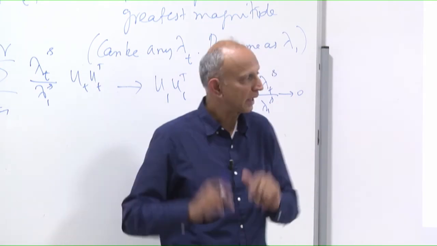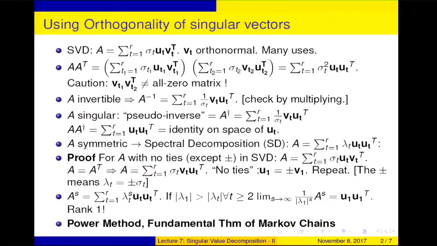Okay. Provided the matrix is symmetric, I can just take powers of it, and sooner or later I'll get pretty close to the top singular vector. Not quite the vector, right? But I get u1 u1 transpose. It's easy to see that if I gave you that, you can figure out u1. Okay.